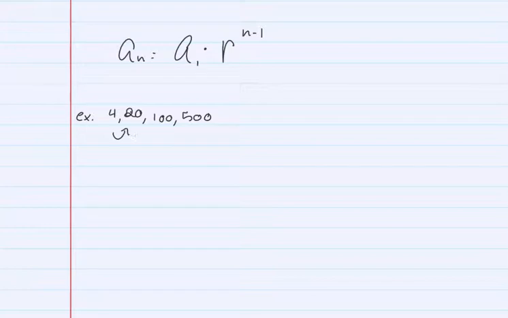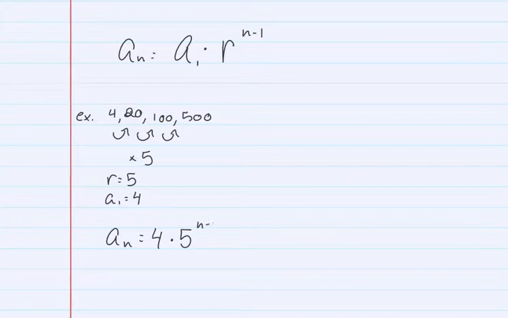I should be able to see that from term to term I am multiplying by 5, therefore my common ratio is going to be 5, and I need to identify my first term, and that is 4, and then we're going to go ahead and write our rule. So a sub n equals 4 times 5 to the n minus first power, and that is it.